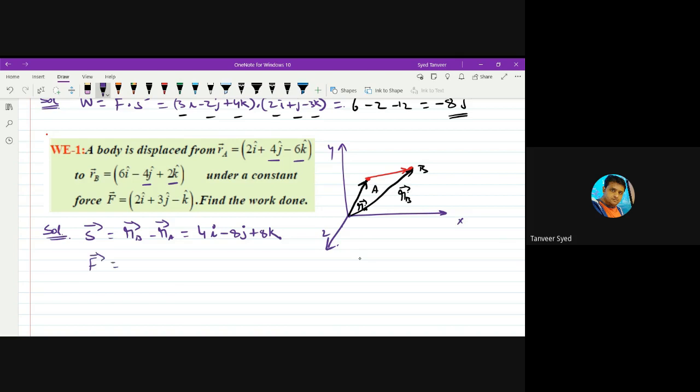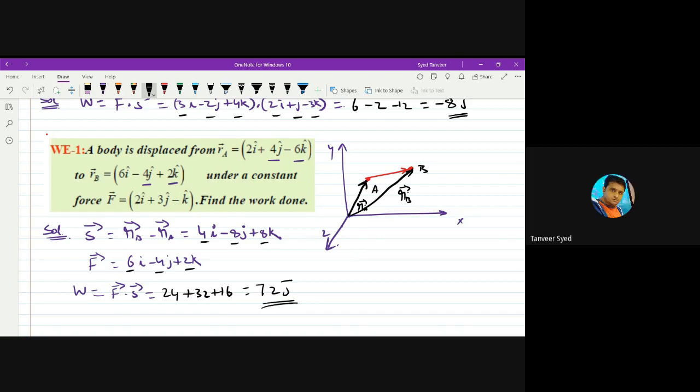The force is 6i minus 4j plus 2k. So work done is F dot S, the same dot product. 6 into 4, 24. Minus 4 into minus 8, plus 32. Plus 2 into 8, plus 16. So 24 plus 32 plus 16 is 72 joule, the work done.